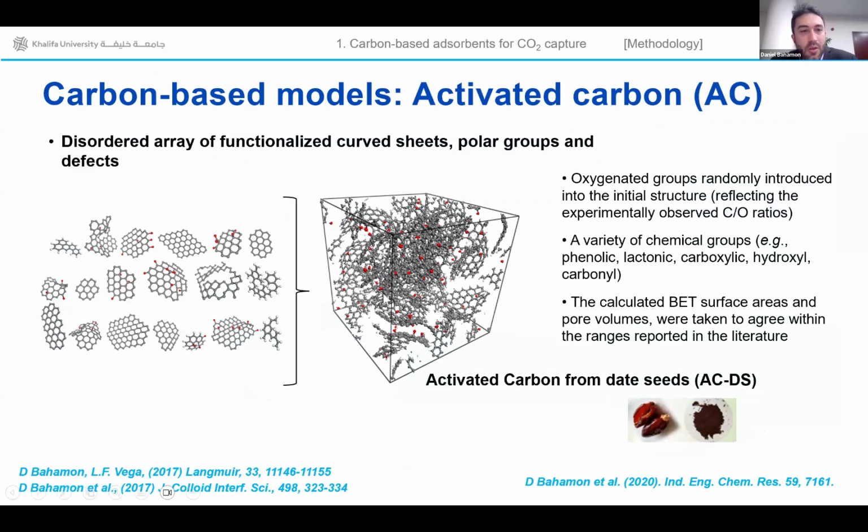Basically, we use an array of disordered and functionalized curved sheets, graphene oxide sheets, with polar groups and some defects, in order to match or to agree with the ranges reported for the surface area, the pore volumes, and of course the experimental carbon to oxygen ratio and some other experimental properties you can measure, trying to get what has experimentally been synthesized. In this case, we have been able to develop an activated carbon model for a material that was synthesized in our lab based on date sheets.